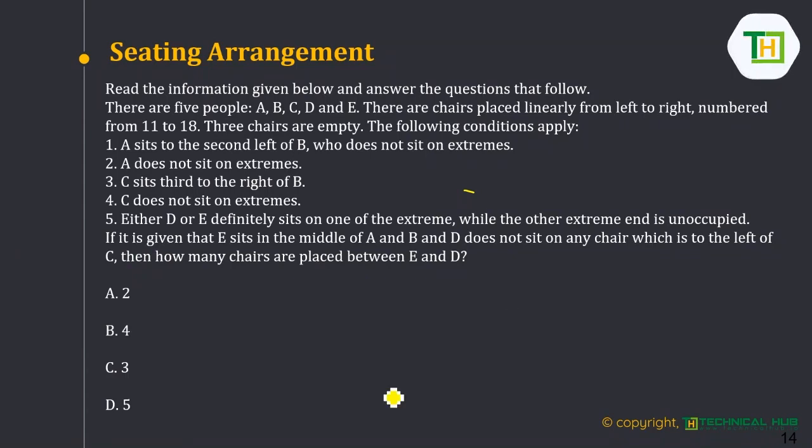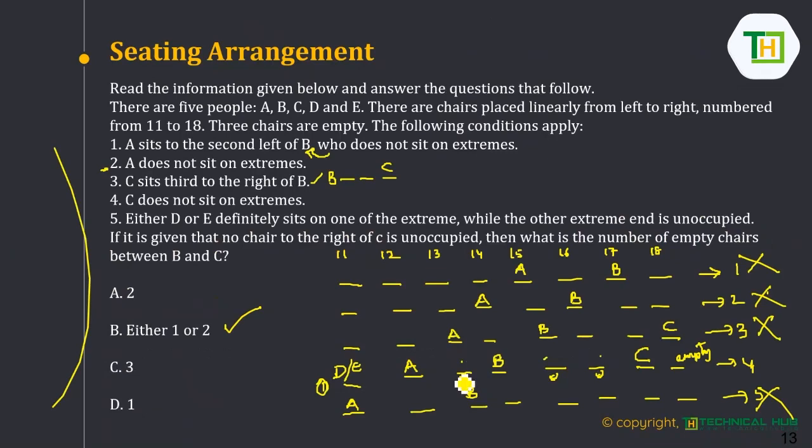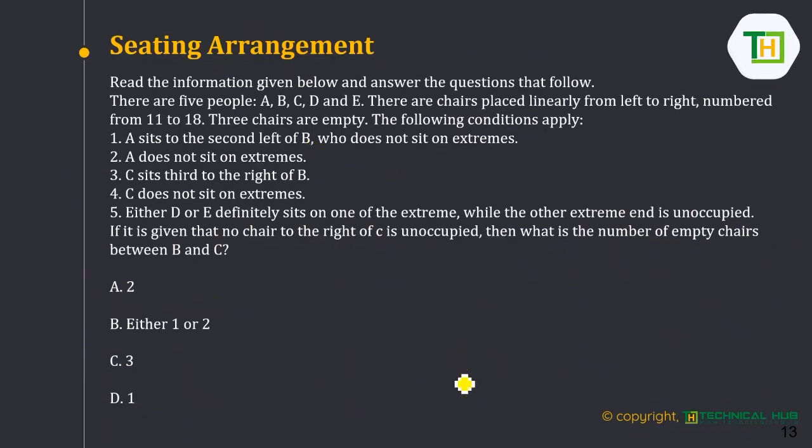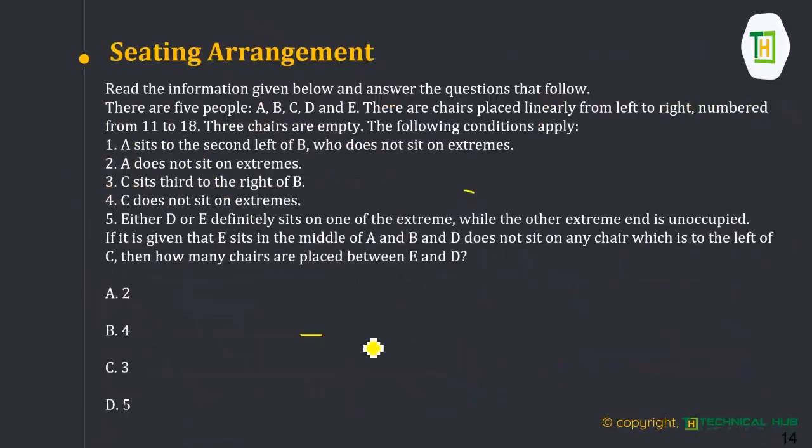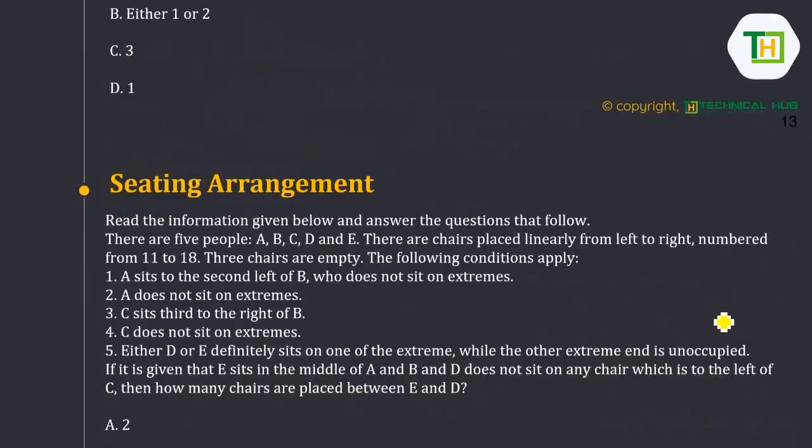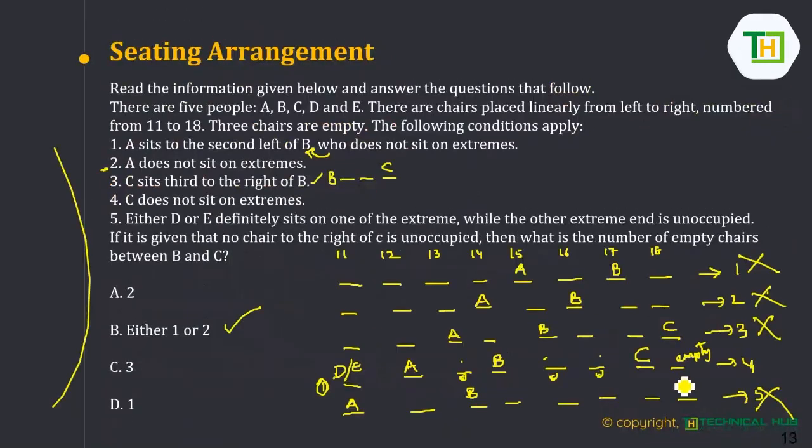Go to your previous problem. E sits in the middle of A and B. Here, suppose I am taking the fourth condition, the fourth possible diagram, with positions 1, 2, 3, 4, 5, 6, 7, 8. What is the fourth possible diagram? A, B and C, and D and E positions are not given.